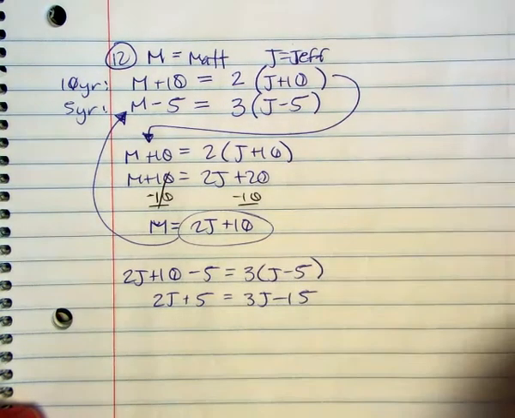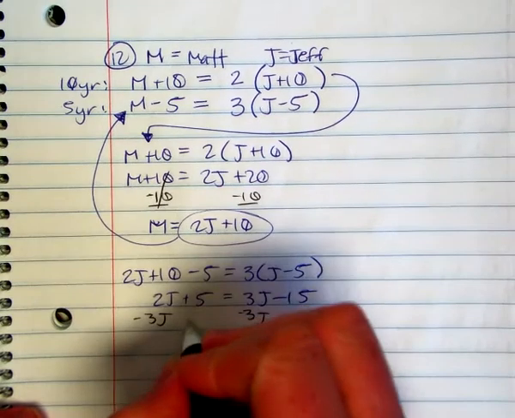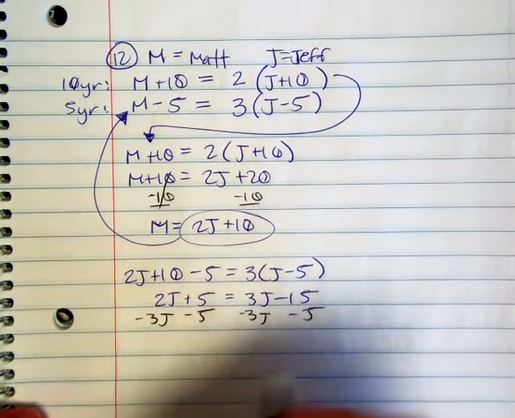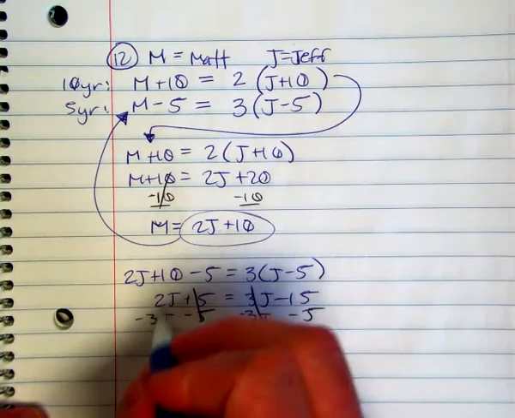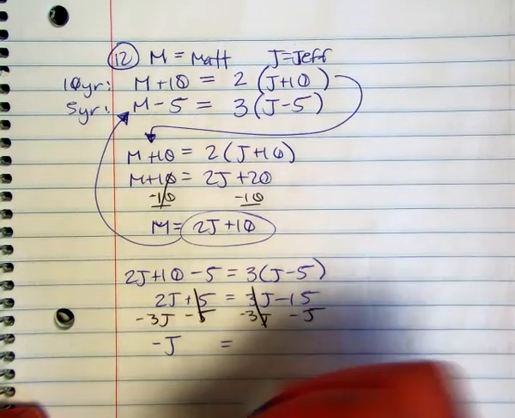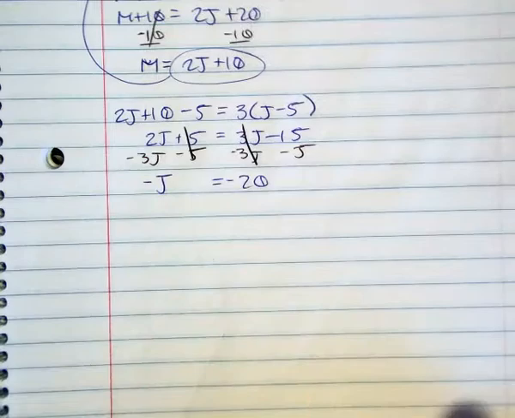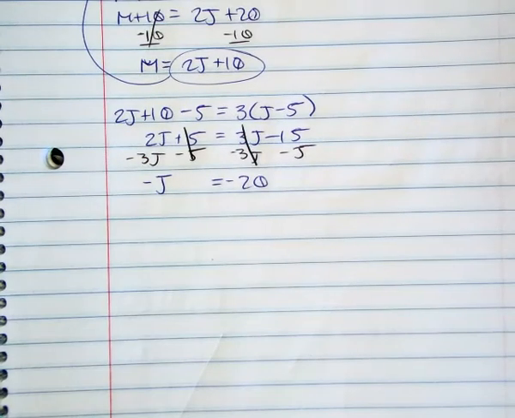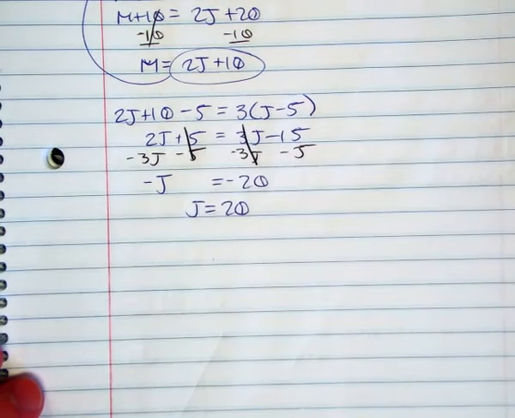If I subtract 3j to move it over here, and I subtract 5 to move it over here, that cancels, that cancels. 2 minus 3 is negative 1j equals negative 15 minus 5 is negative 20. If negative j equals negative 20, what is positive j? Positive 20. So Jeff is 20 years old right now.